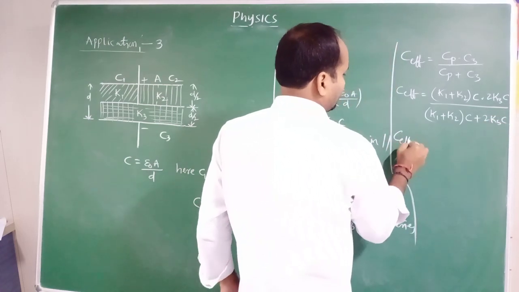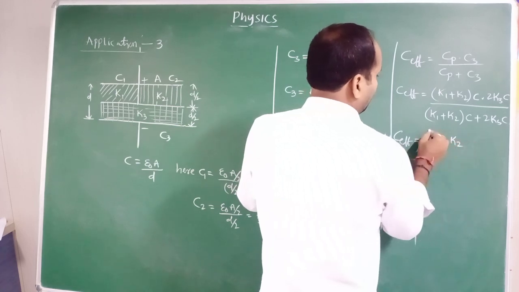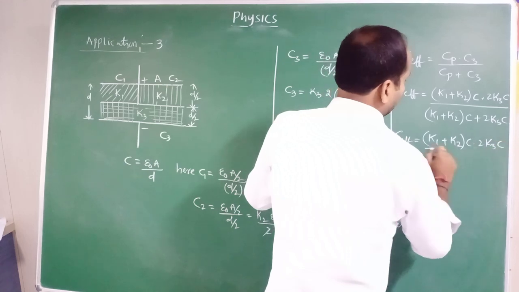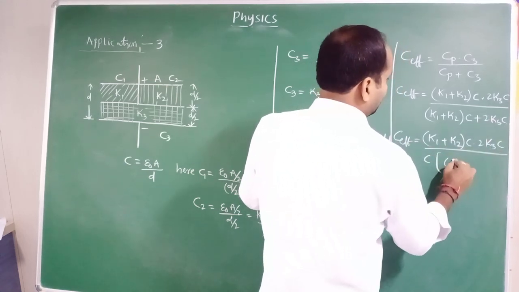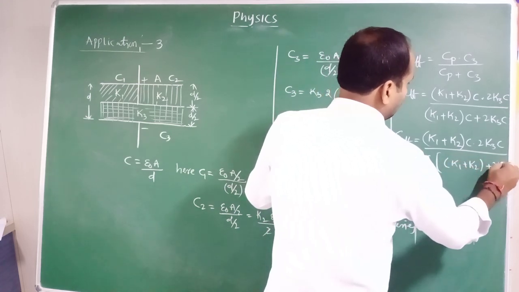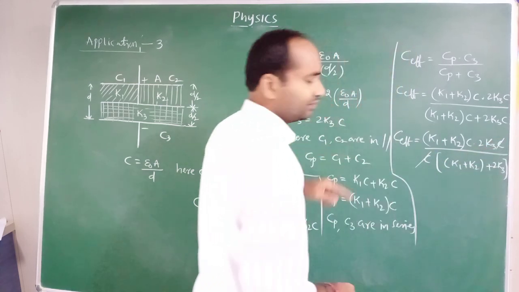That is, C effective is equal to K1 plus K2 into C times 2K3C, by, here C is common, K1 plus K2 plus 2K3. Now C gets cancelled.